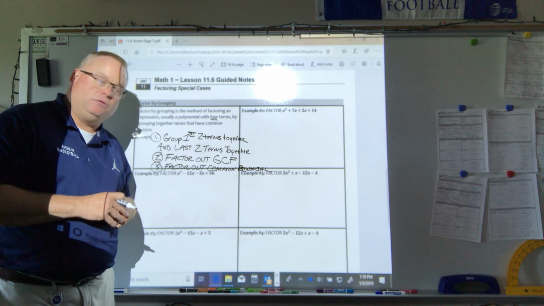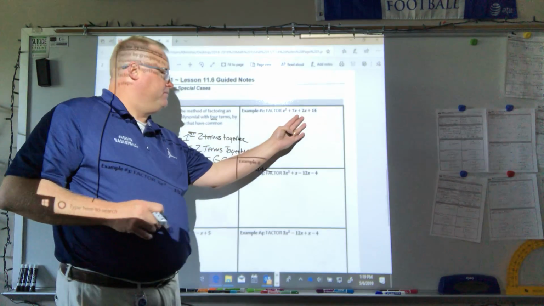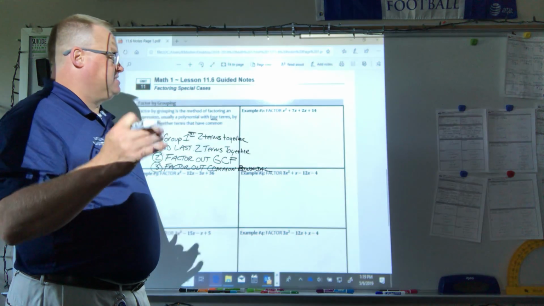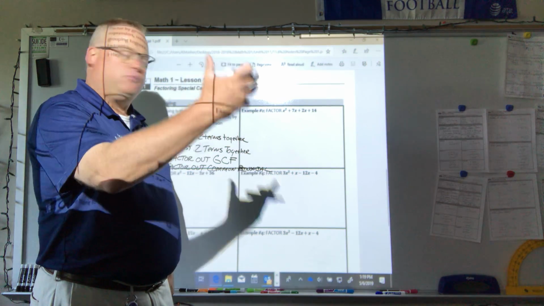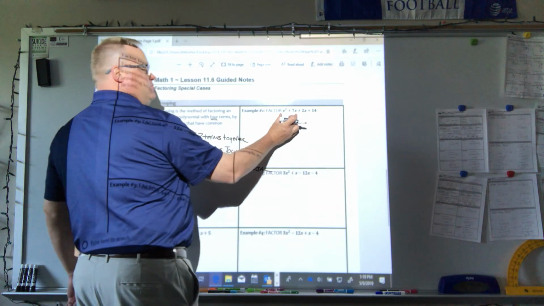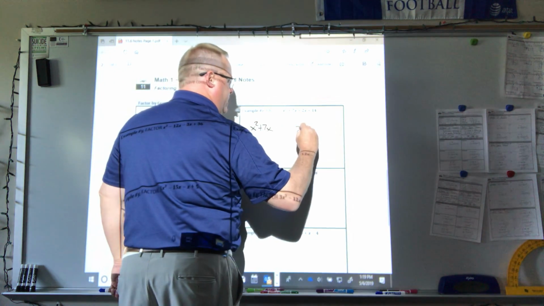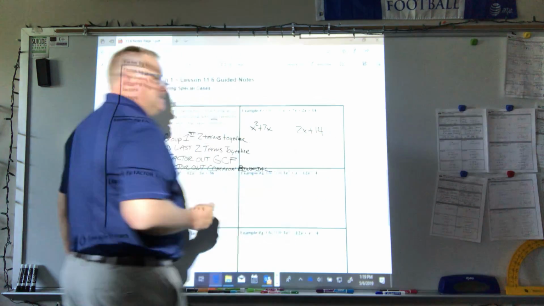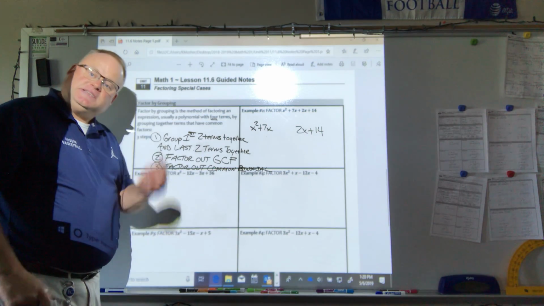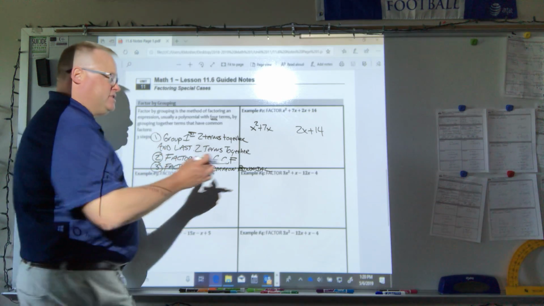All right, here we go. Example number 1 of this. x squared plus 7x plus 2x plus 14. Group the first 2 terms together. x squared plus 7x, 2x plus 14. That's step 1. Step 2, factor out a GCF.